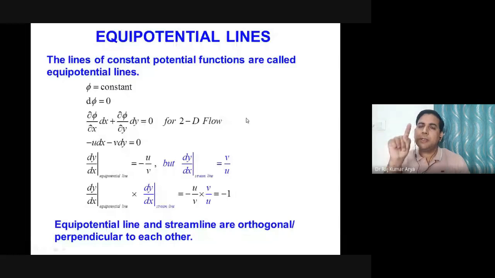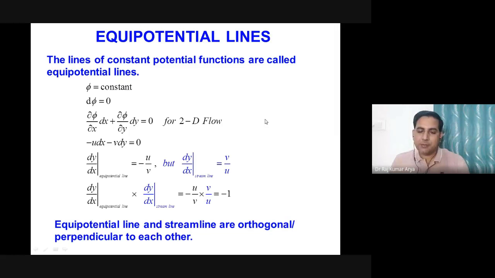That either you make a connection in Jalandhar or in Amritsar, everywhere you should get 240 volts. Yes or no? Same thing is there in case of fluid flow also. Equipotential means that its value should not change along that particular line.